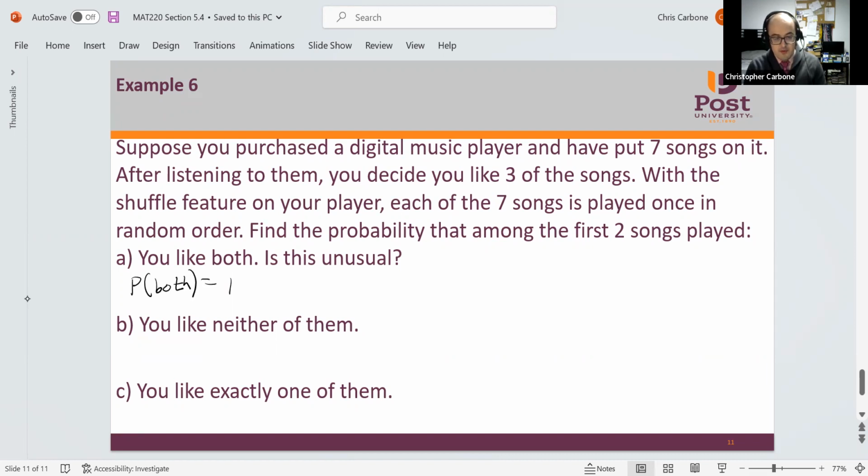So this is the probability that you like the first times the probability that you like the second, given that you like the first. There's 3 songs that you like out of a total of 7, so the probability of liking the first is 3/7.